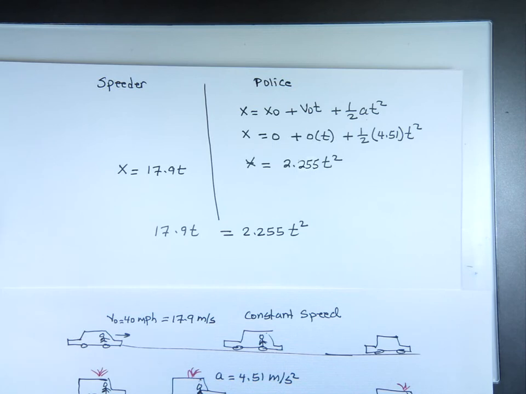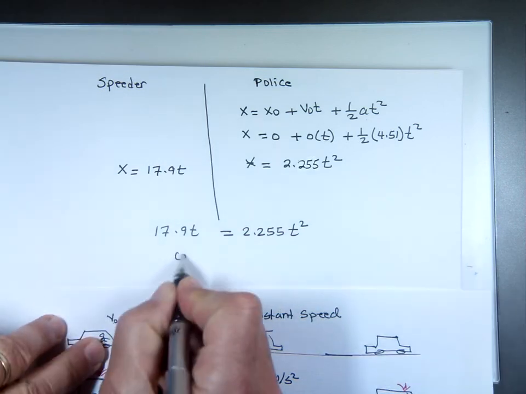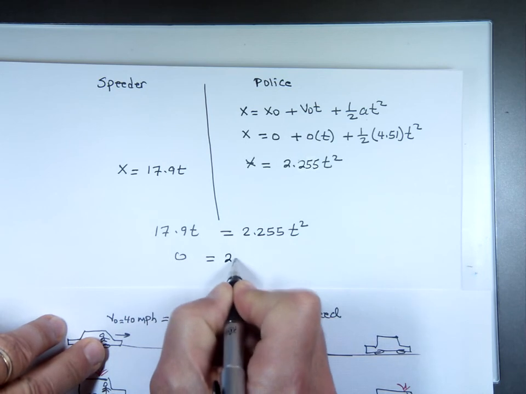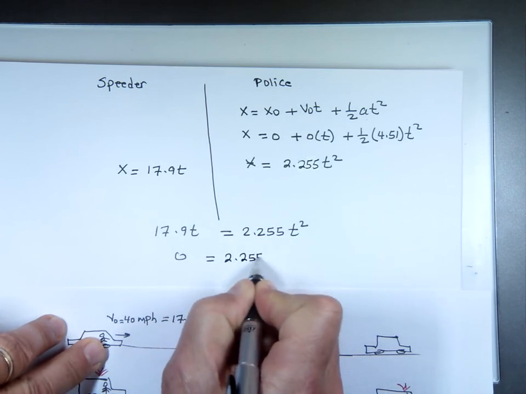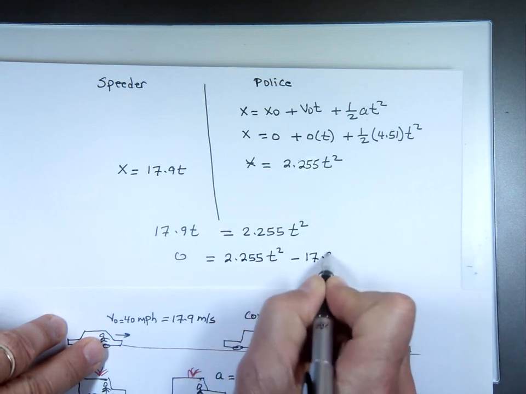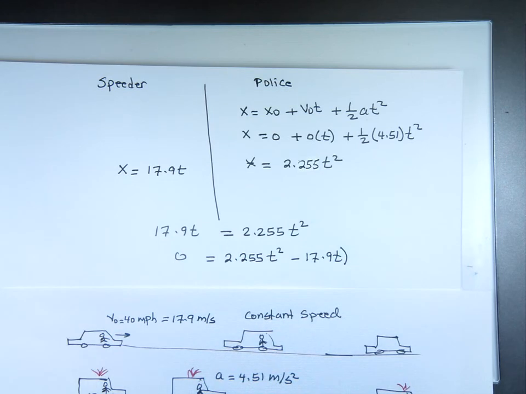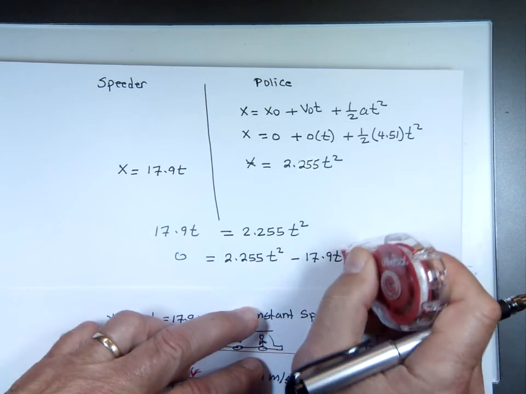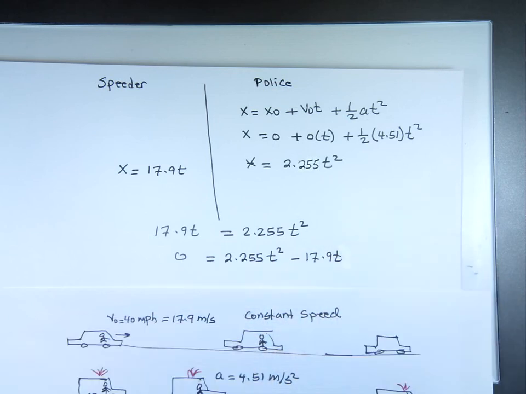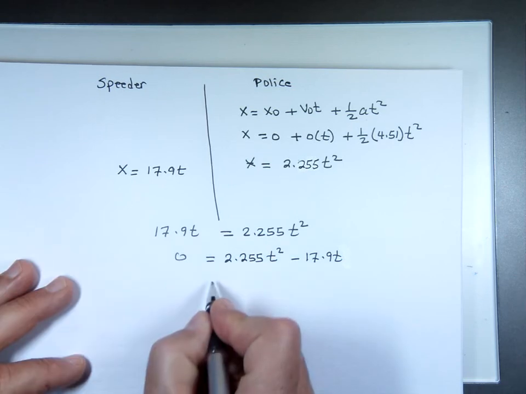You have a quadratic equation. Bring everything to one side. Minus 17.9 t, is equal to 0. How do you solve a quadratic equation? What do you do? Well, we can factor a t out first.